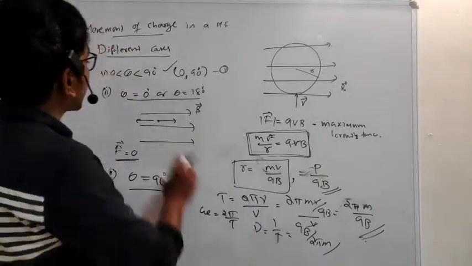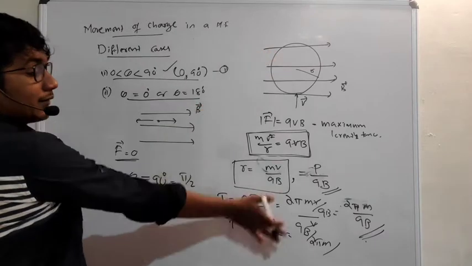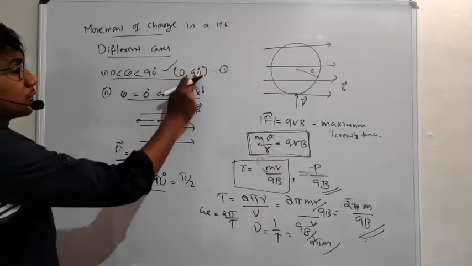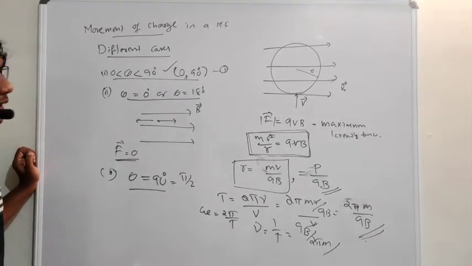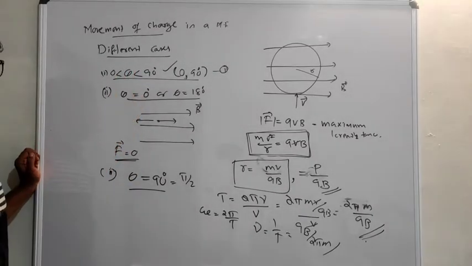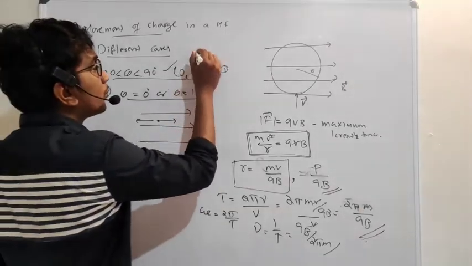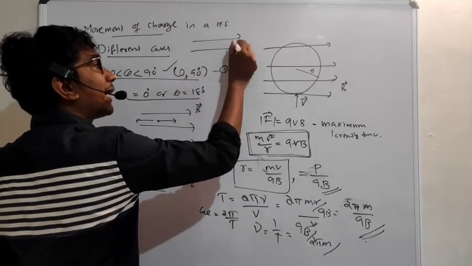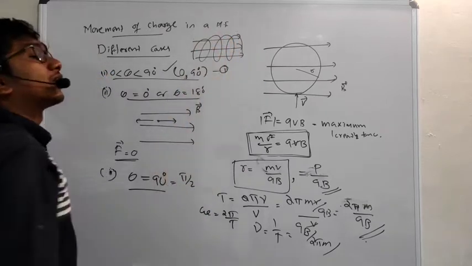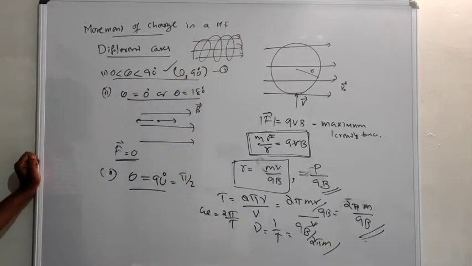Let's come back to this one. This one we will discuss again in the case of cyclotron. Okay, coming back, all of you listen. For theta greater than 0 and less than 90 degrees, in this case, look at this, this is the magnetic field, the particle will move in a helical shape.